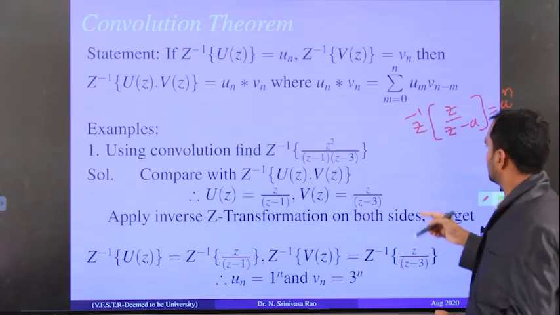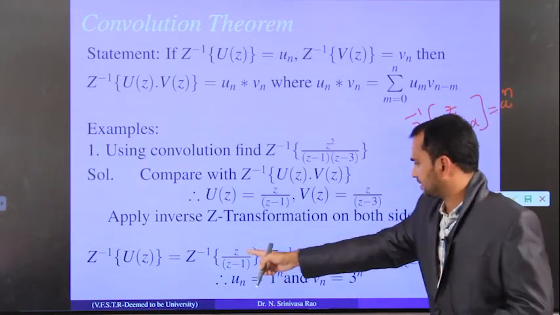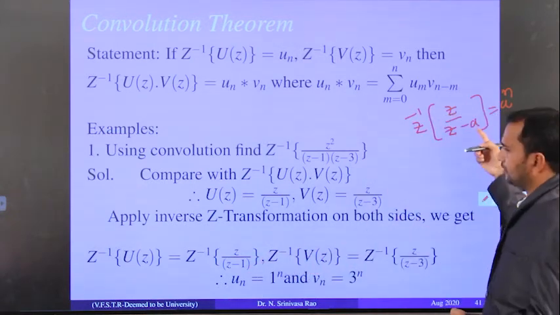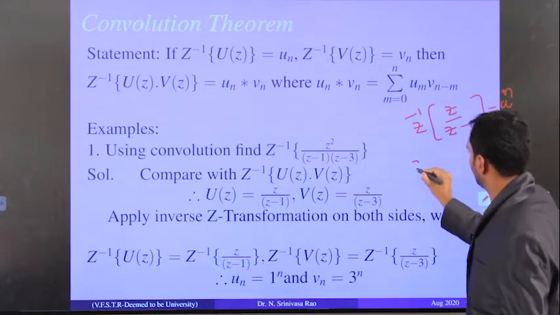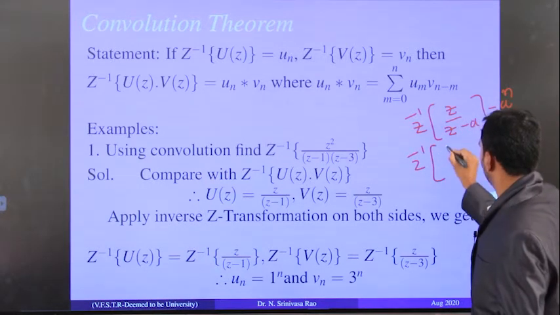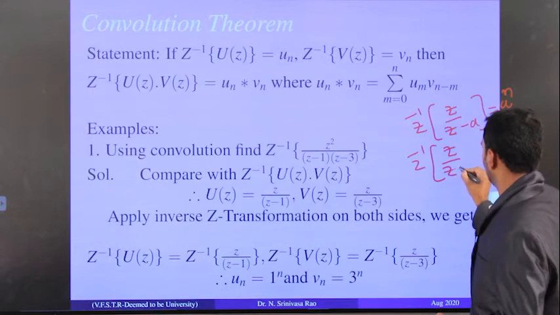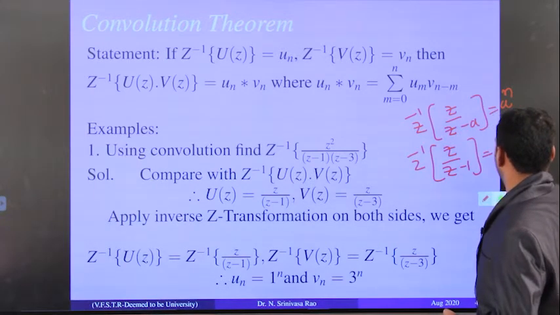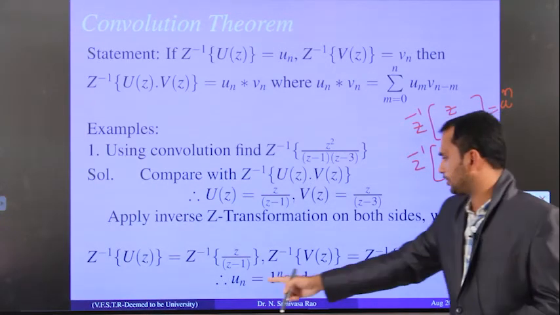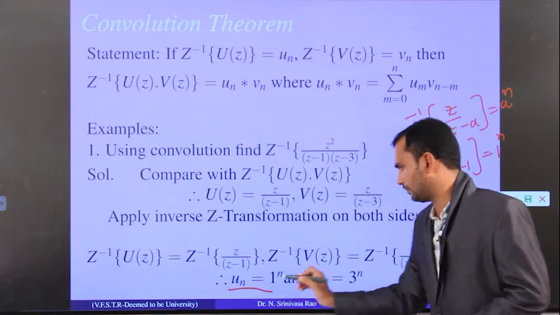Here we have z by (z minus 1), so in the place of a we have 1. Therefore, z inverse of z by (z minus 1) is 1 power n. So this is our u(n). Therefore u(n) is 1 power n.